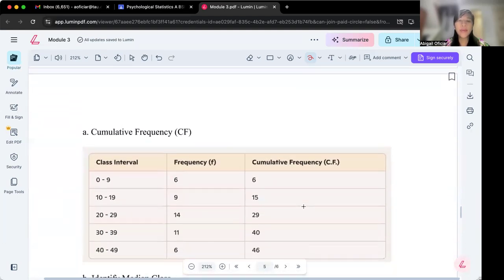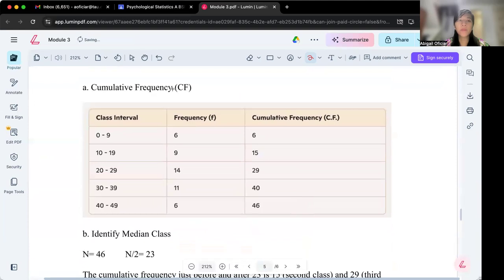So let's say we have here the cumulative frequency. Here's the data, the intervals, nakita mo na yung frequency. The next is to look for the cumulative frequency.